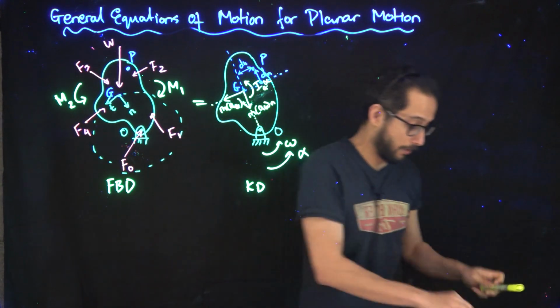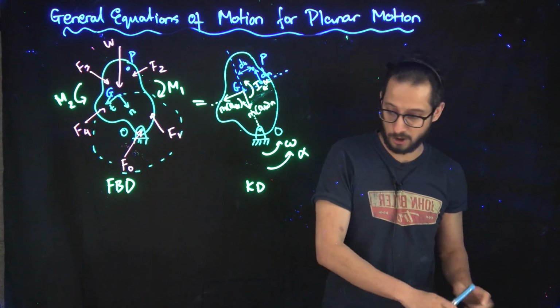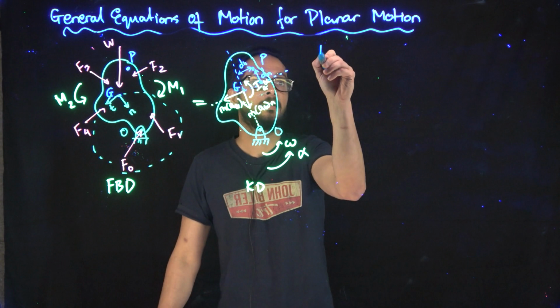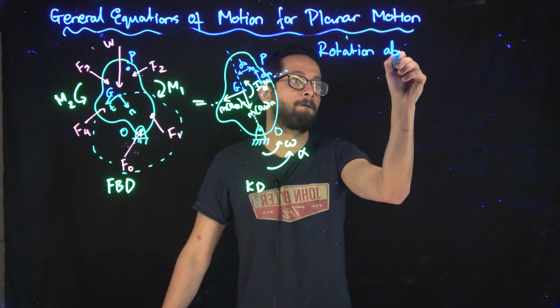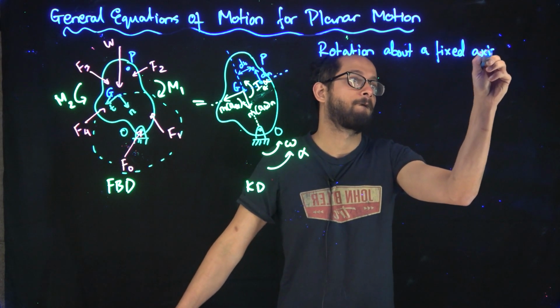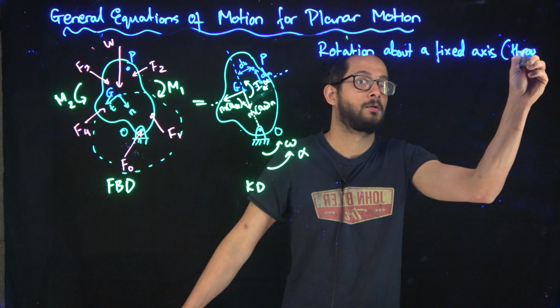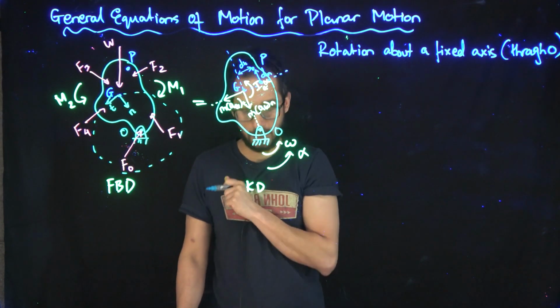Why does it make it easier? Because you're looking at rotation about a fixed axis through this point O in our case.